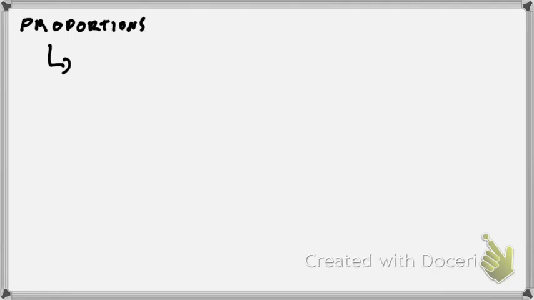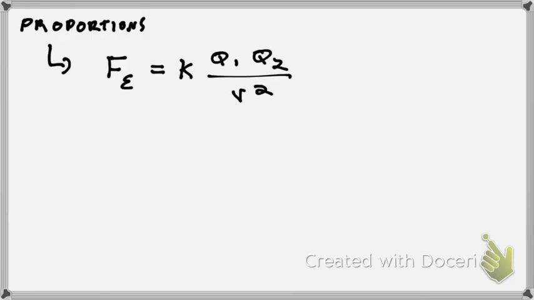So for example, if I gave you the electrostatic force equation, which is K times Q1 times Q2 over R squared, and let's just say that between these two points, Q1 and Q2, I increased the distance 4 times, or I increased the radius 4 times.